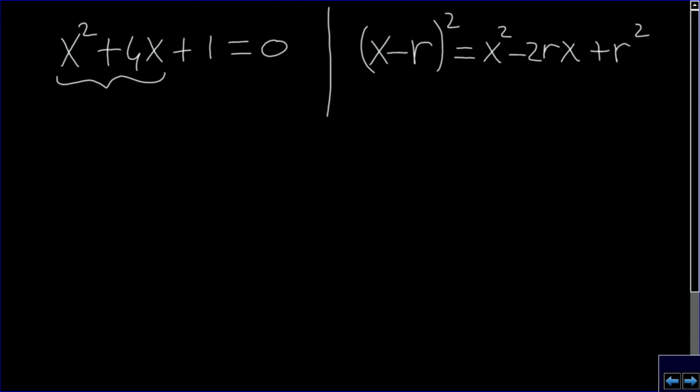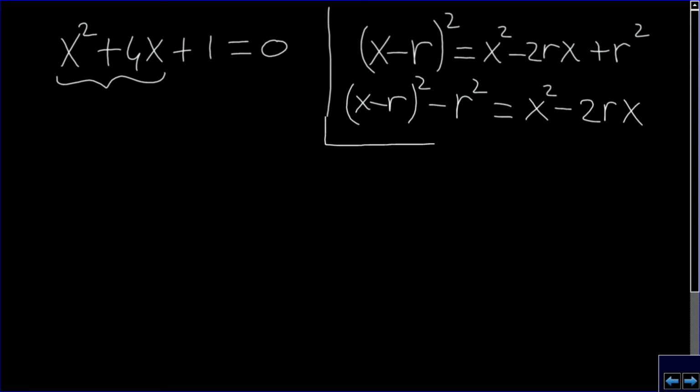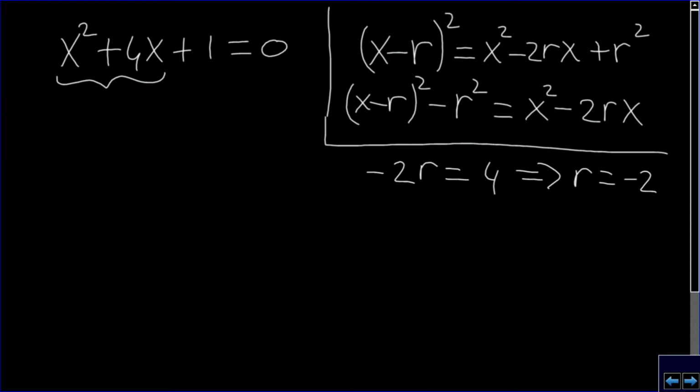Now we see that x minus r squared minus r squared is equal to x squared minus 2r times x. So what we want is minus 2r to be equal to 4. That is, r is equal to minus 2.